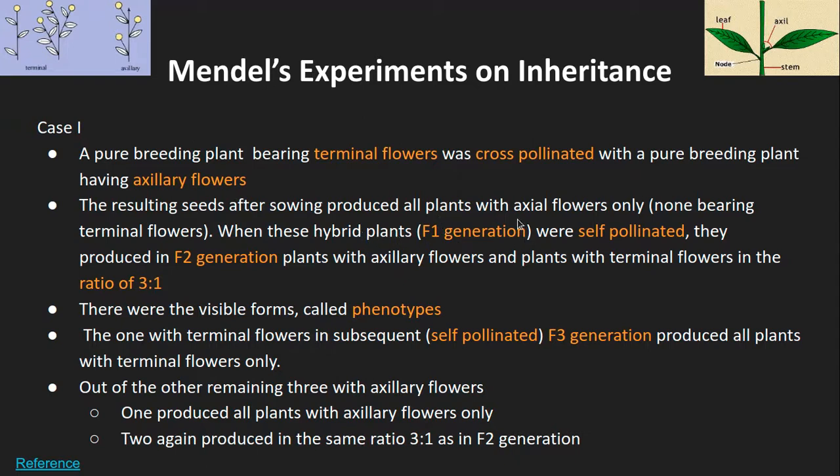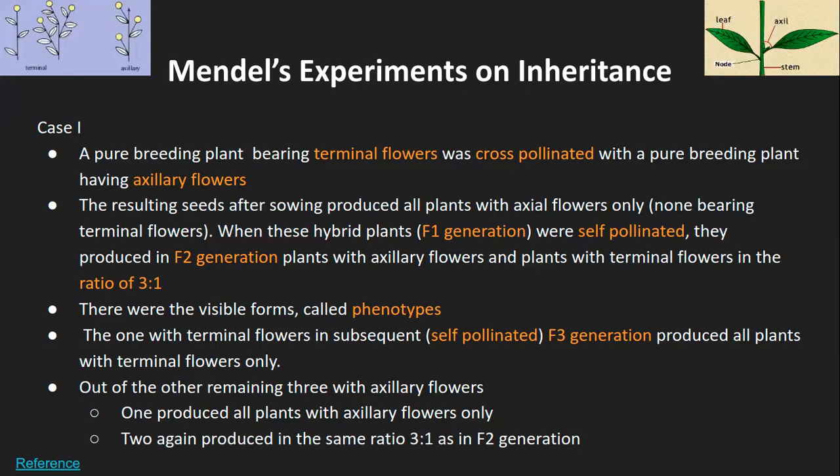Now, whatever he received in the F1 generation, the axial flowers, he self-pollinated. Remember, first was cross-pollination, or cross-breeding, between terminal and axial. Now, whatever was generated in the F1 generation, all these axial flowers, he self-pollinated. This is like crossing the same type of individual with its own male or female reproductive structure.